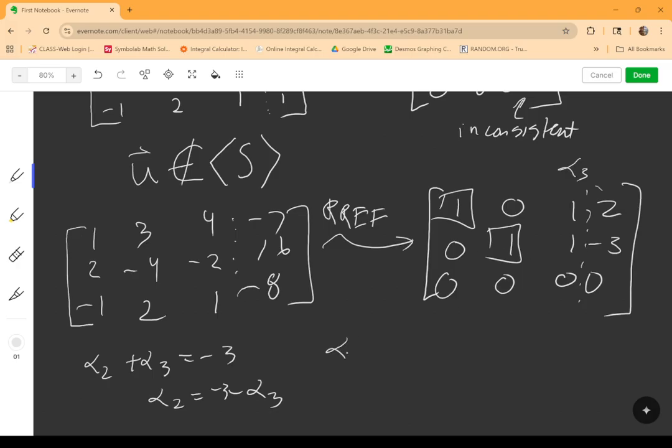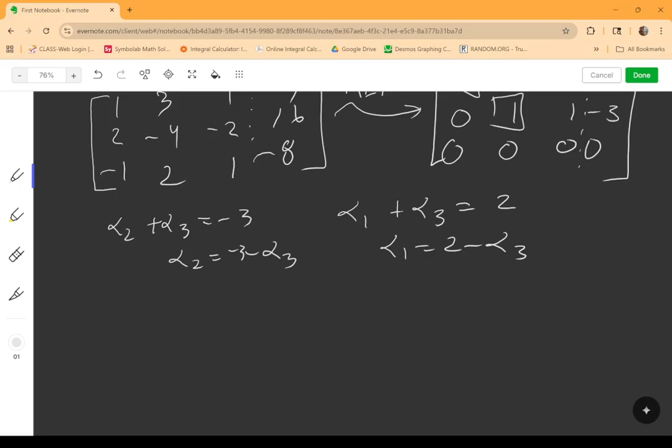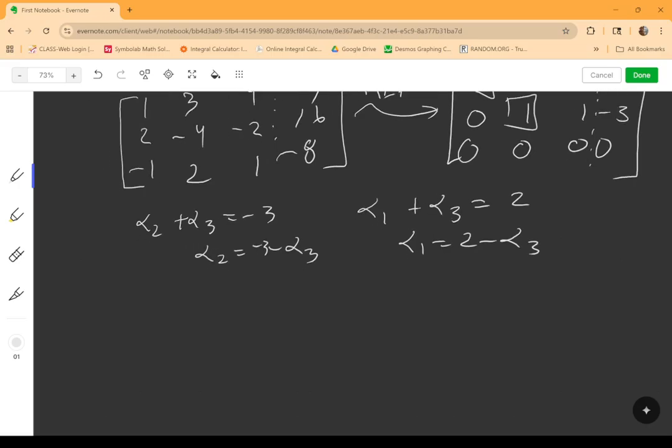I also know that alpha 1 plus alpha 3 is equal to 2, or alpha 1 is equal to 2 minus alpha 3. I want to find one particular solution, so one thing I can do is set alpha 3 equal to 0. If I do that, then alpha 1 is equal to 2.